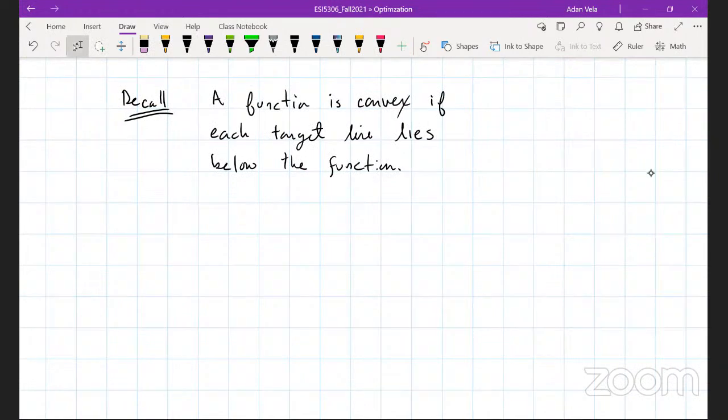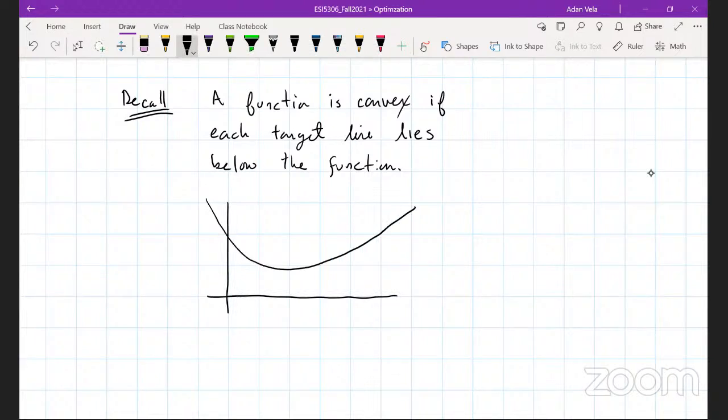We can visualize that through this example. So let's say we had this function here. This will be our f of x function. And we can take a series of tangent points.